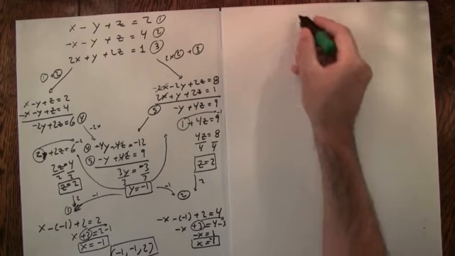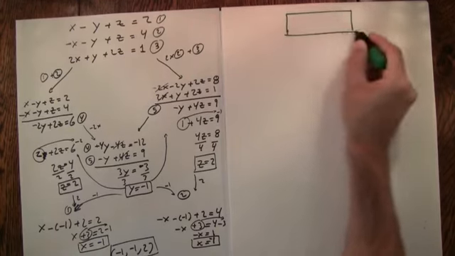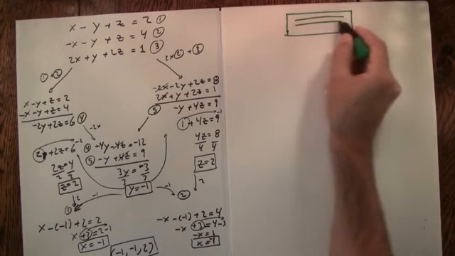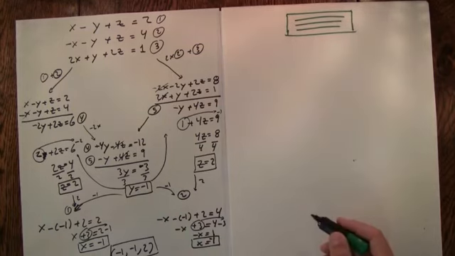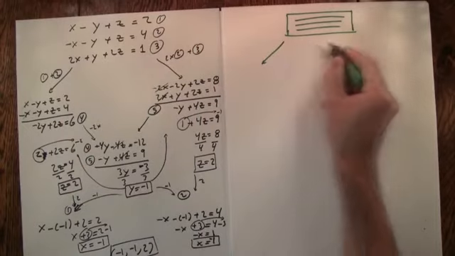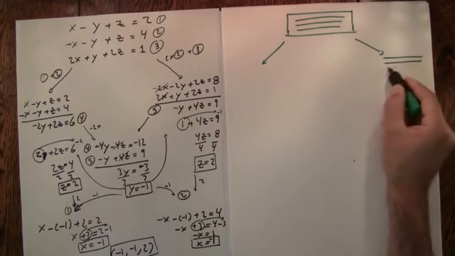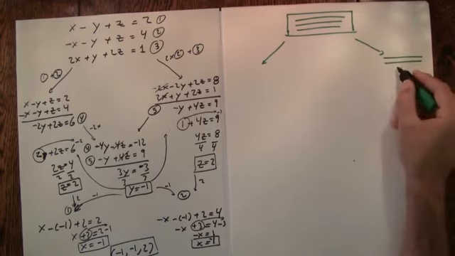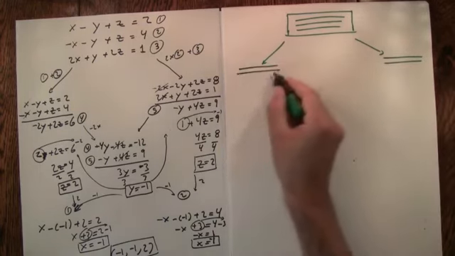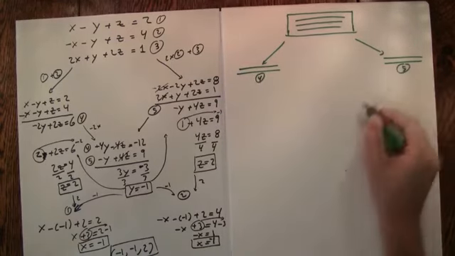So what you're going to have initially is your questions, your 3 equations. And then what you're going to do is you're going to split them, and combine your equations and come up with equation number 4 and equation number 5.